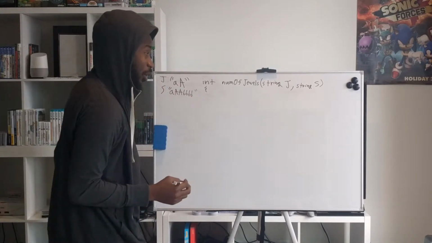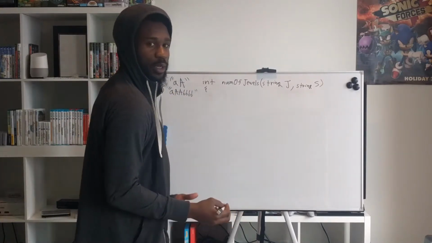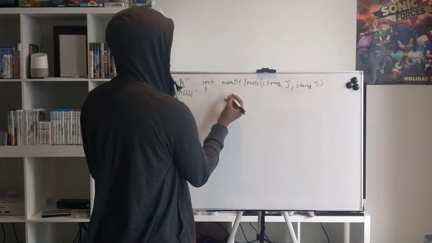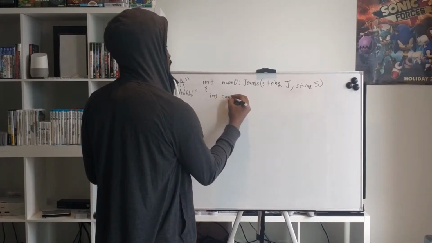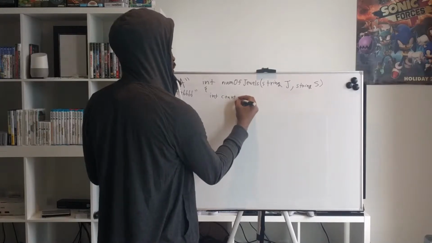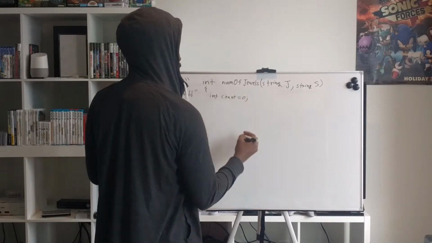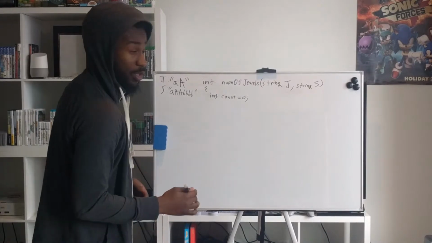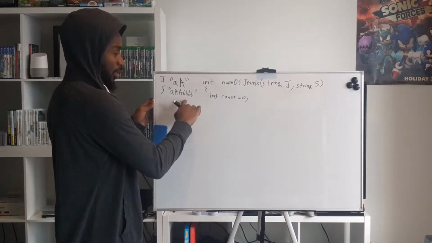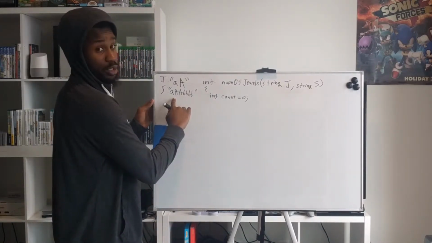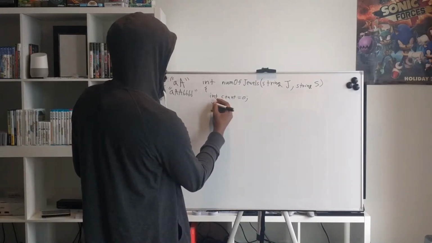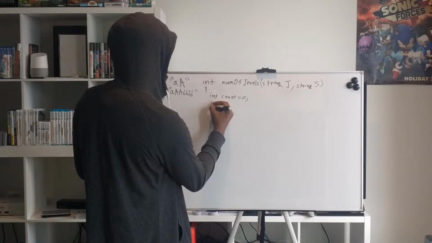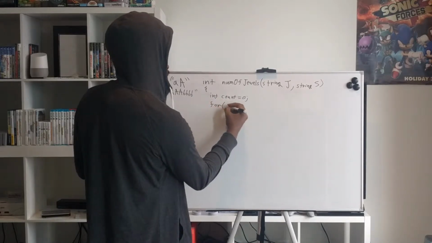Okay. So, first thing you want to do is think of the local variables that you're going to need. Clearly, you're going to need some count variable to store the amount of jewels that you find. Initially, that's going to be 0. And then what did we say our algorithm was? We said we wanted to go through all of our stones and check if that particular stone happens to be a jewel, right? So we're going to create a loop, right?